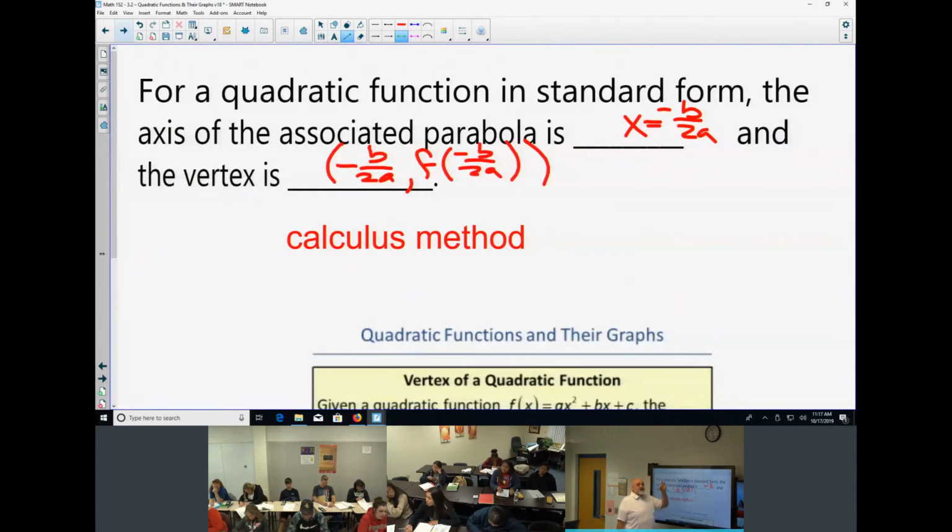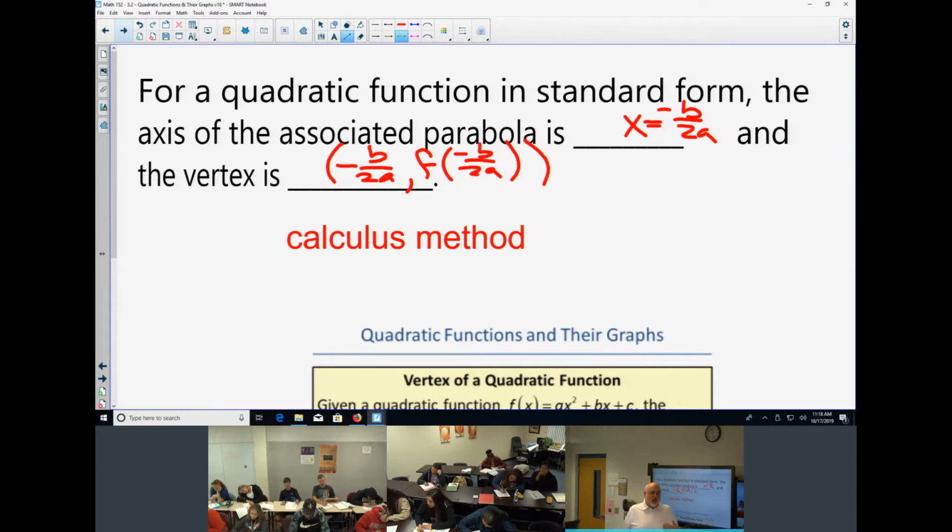Let's move on. Now we're going to talk about the second method to find the vertex. For a quadratic function in standard form, the axis of the associated parabola is x equals negative b over 2a. So that's how to find the axis of symmetry. And the vertex is negative b over 2a, comma, and then you plug negative b over 2a into the function.